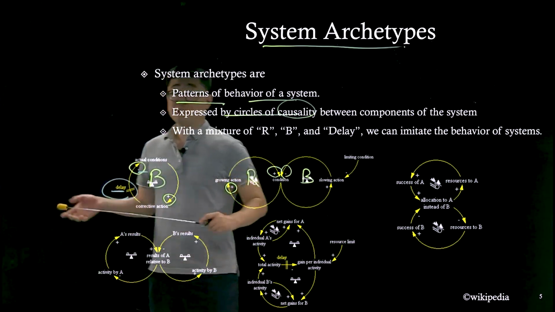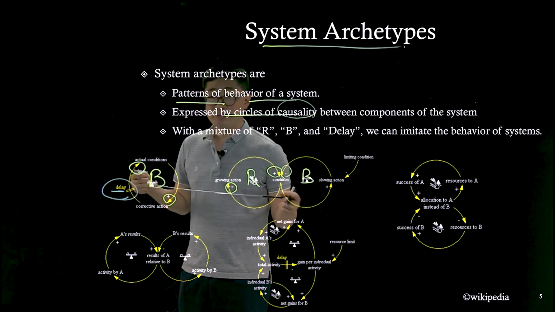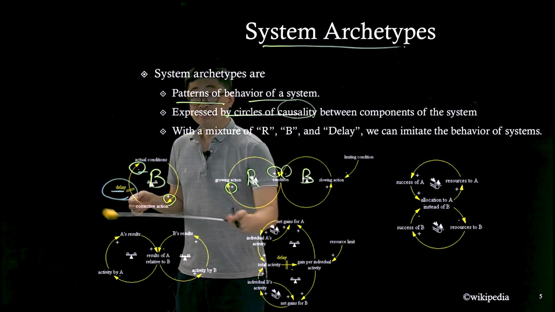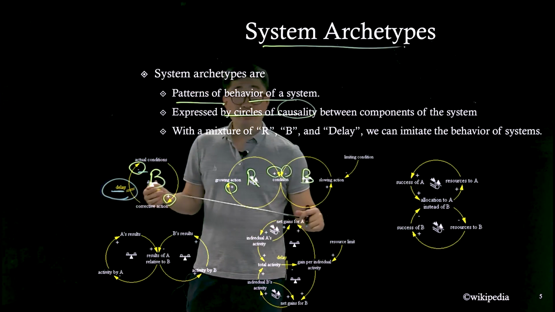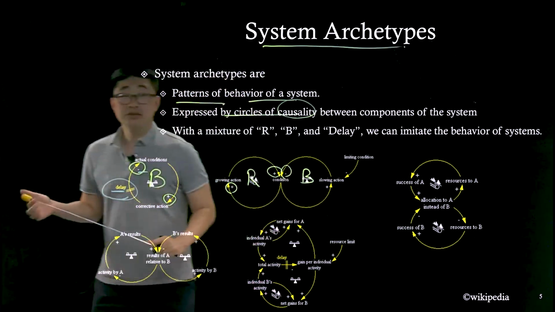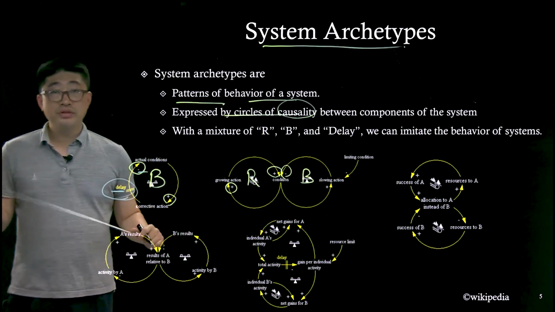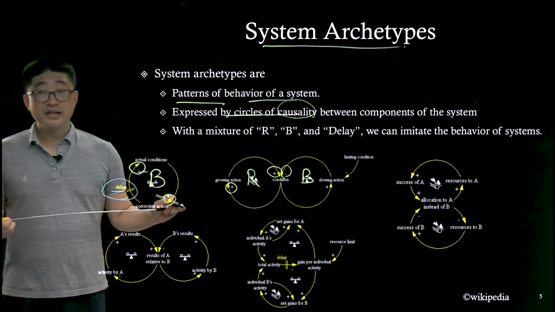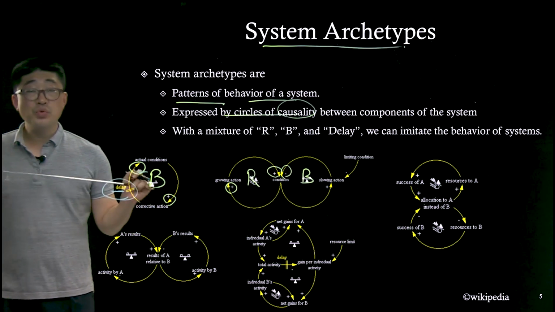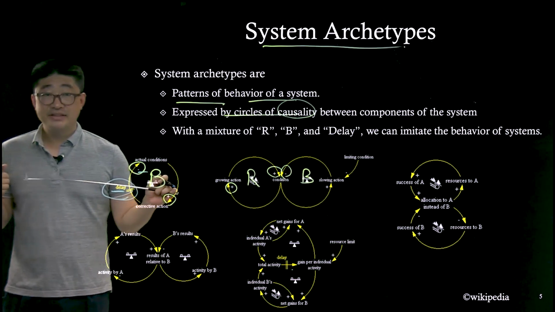So this time delay will create a very unexpected result, and it will create some interesting designs as well. So these are the basic system archetypes. We are going to explore some of them in this video lecture, and also some of them in the offline session.